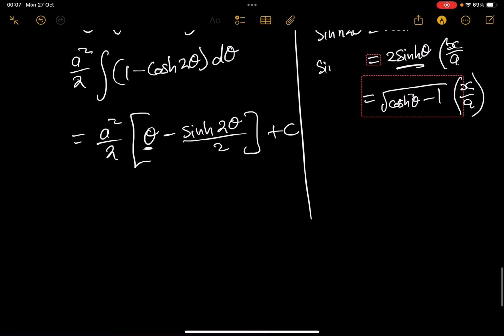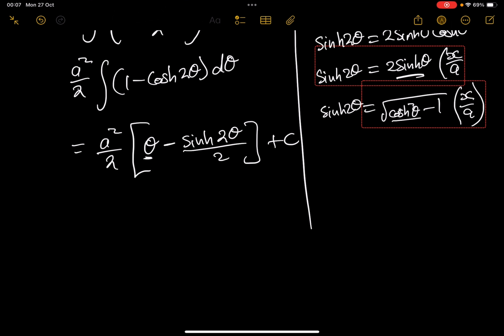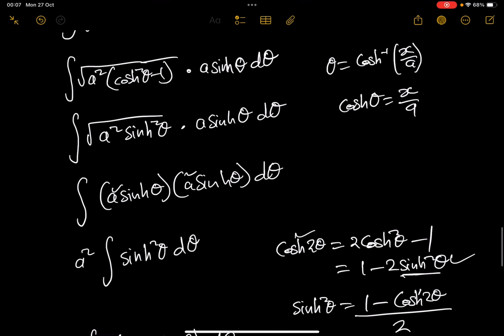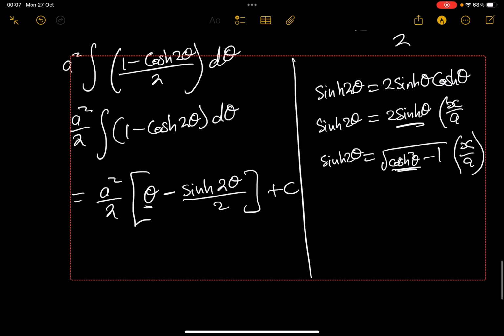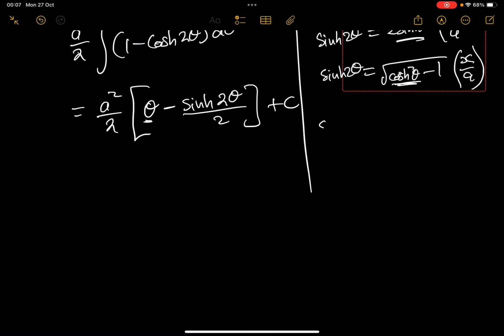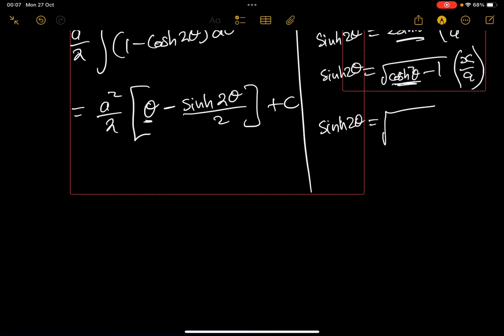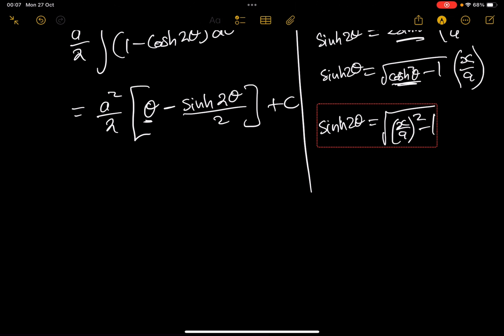So this is still sine 2 theta, and here we know cos theta is x over a. So sine 2 theta is equal to root of x over a, squared, minus 1, multiplied by x over a.